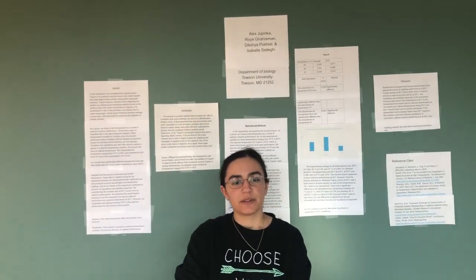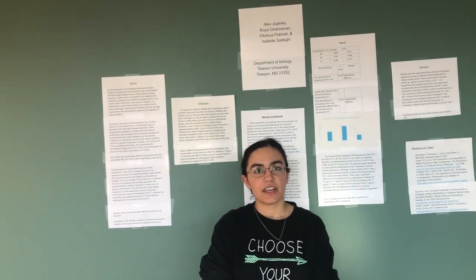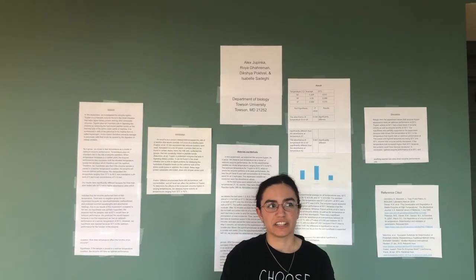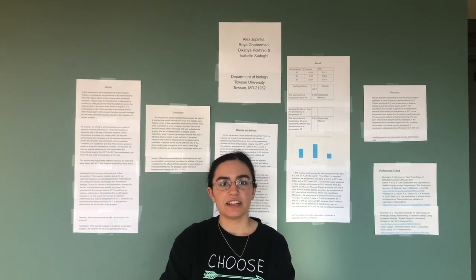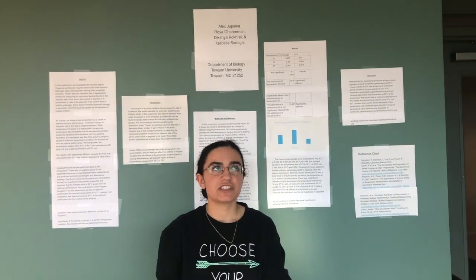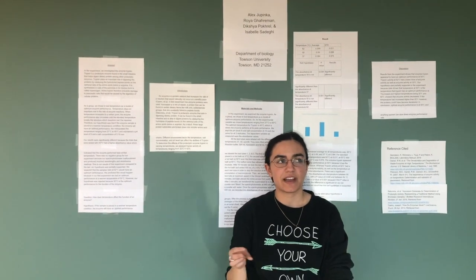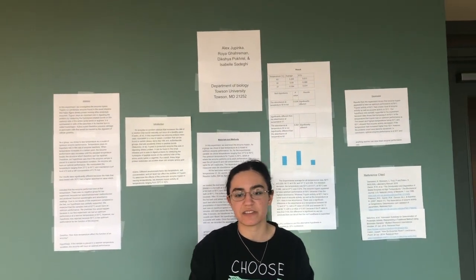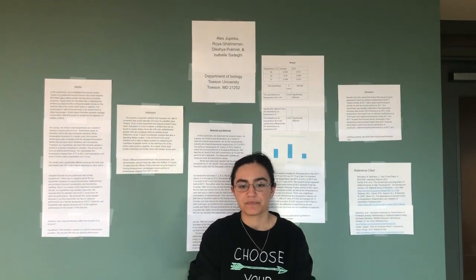Our control conditions basically included a pH of 9 and a salinity concentration of 0.15. The pH of 9 was used because of research and the observations from other group presentations.